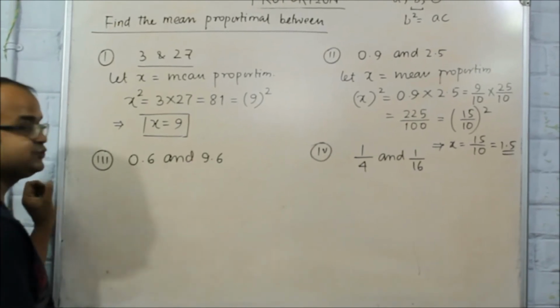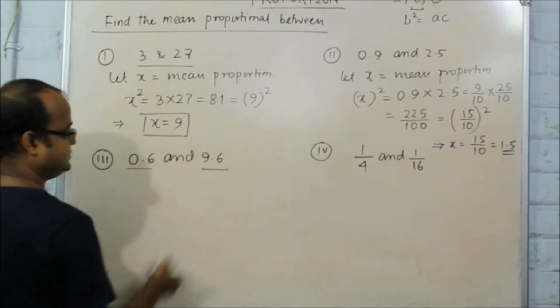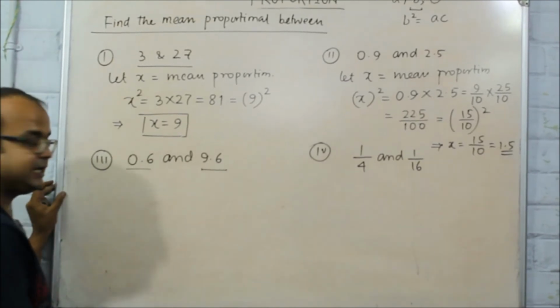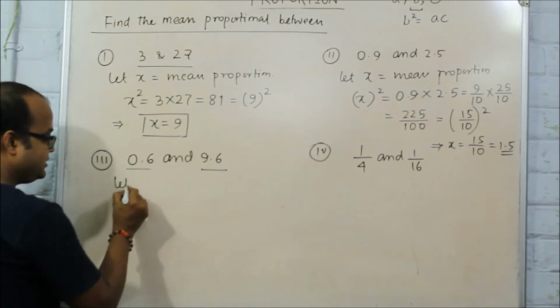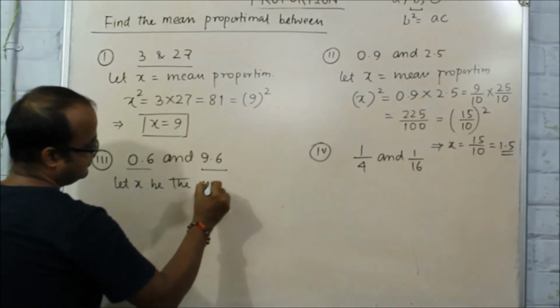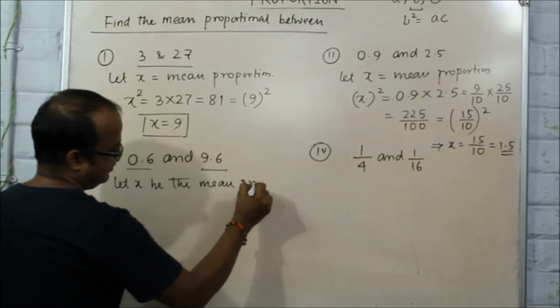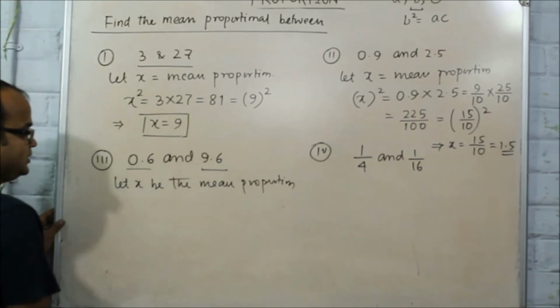Let us complete this one. 0.6 and 9.6. So we can let x be the mean proportion. Clear?